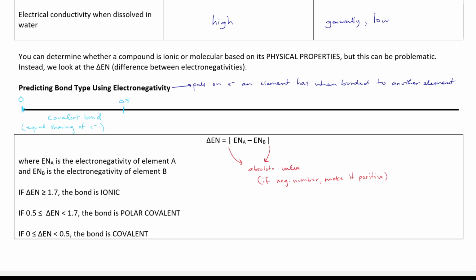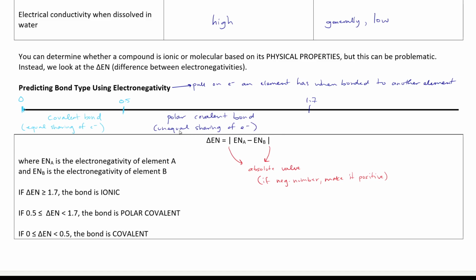However, if you have a delta EN, or a delta electronegativity, between 0.5 and 1.7, that is what we call a polar covalent bond, which means that there is an unequal sharing of electrons in the bond.